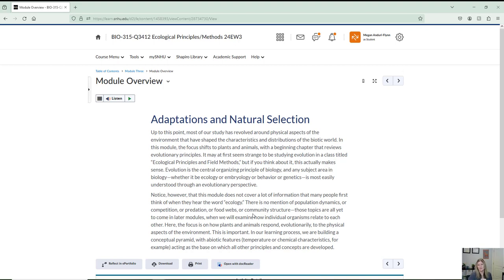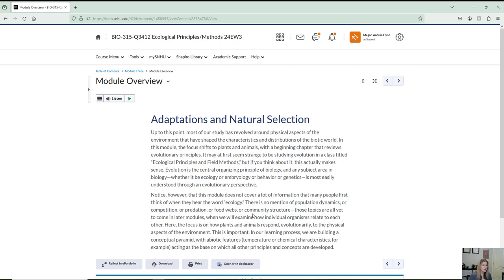The eastern gray squirrel is an invasive species in my area, but it seems perfectly adapted. It's able to jump from tree branch to tree branch with relative ease. It's got a big bushy tail that it can use to keep itself warm during cold nights and things like that. So it seems to be pretty well adapted to this environment.